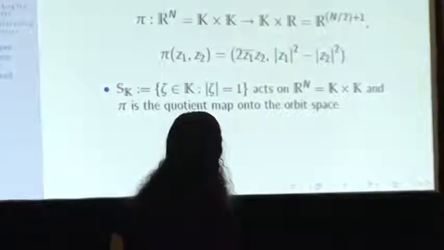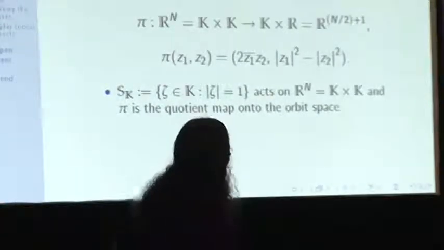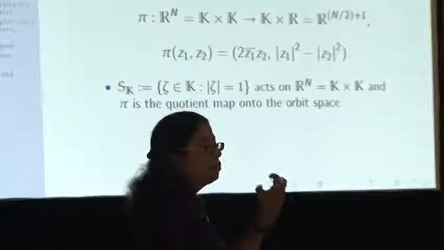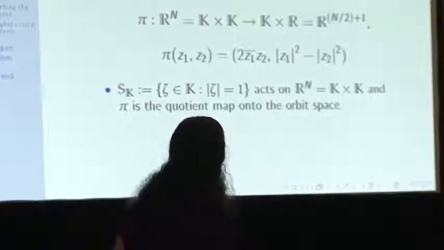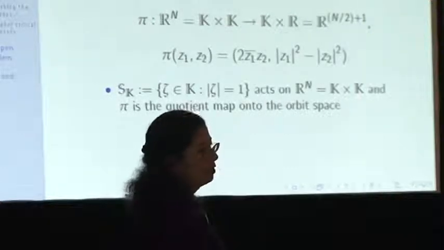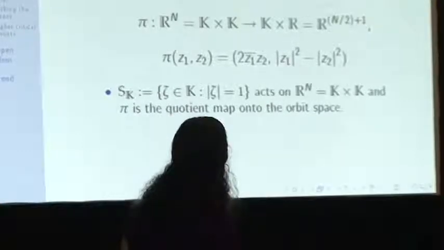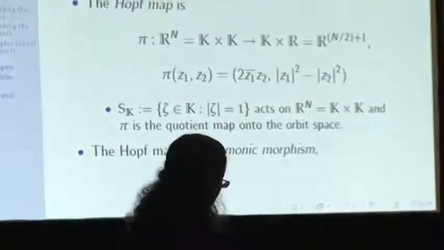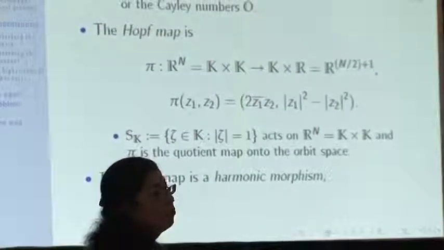And when you look at each point and its orbit under this action, and you identify each orbit to a point, then this pi is the quotient map onto the orbit space. But this is a topological description, and what I need is a geometric description, because the main property for us will be that the Hopf map is a harmonic morphism.